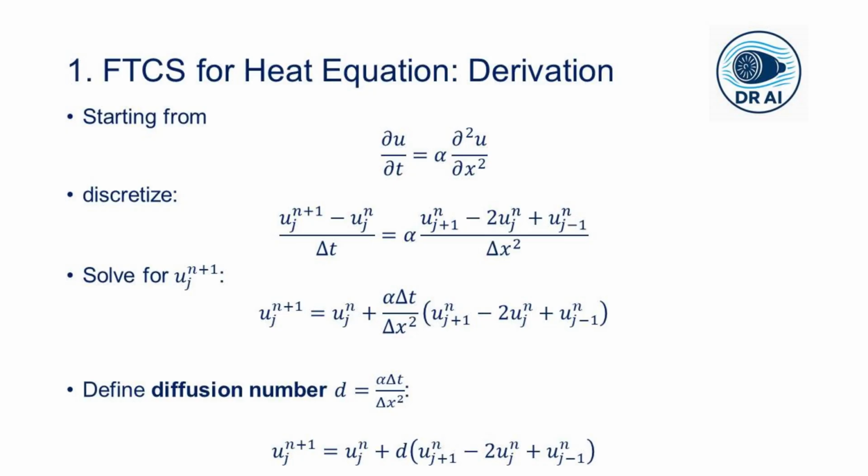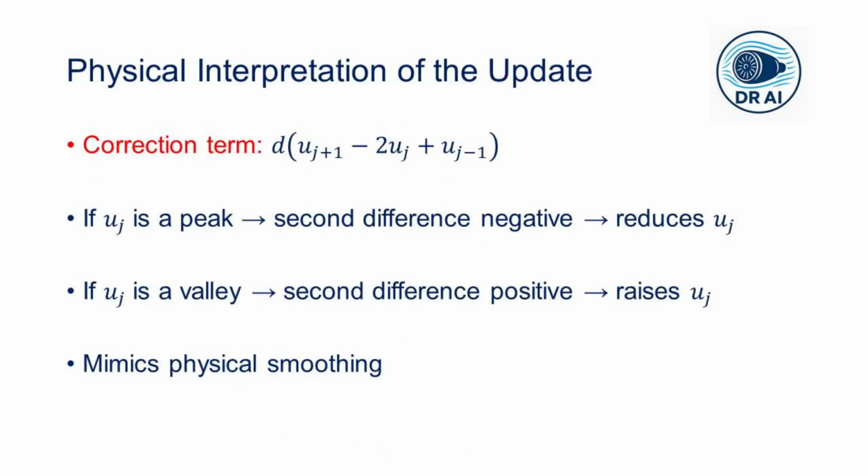This particular equation is explicit. Each new value is computed from three known neighbors. Physically, the term d times the bracket u_(j+1) minus 2 u_j plus u_(j-1) represents the net diffusive flux into the cell.